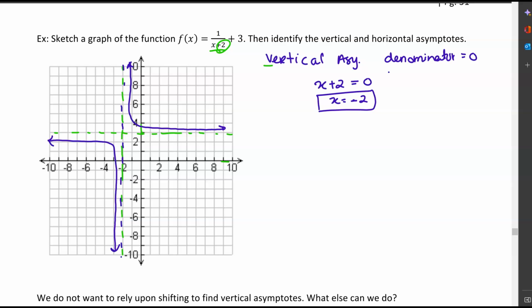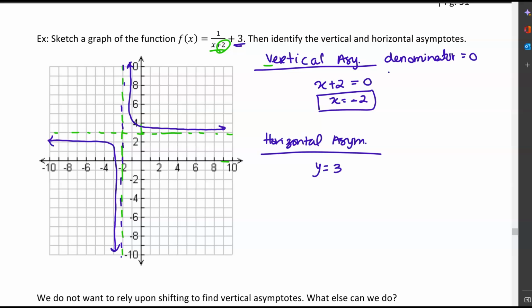We could also see that because of the way that we did the shift. Now our horizontal asymptote was found because of that shift: we knew that we originally had a horizontal asymptote at 0, so we shifted it up 3, and we get that y is equal to 3.